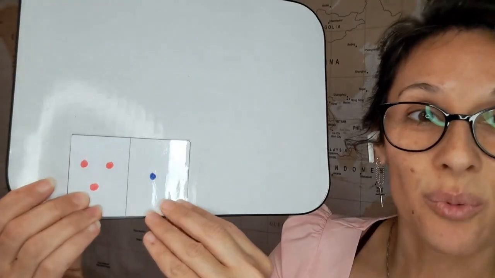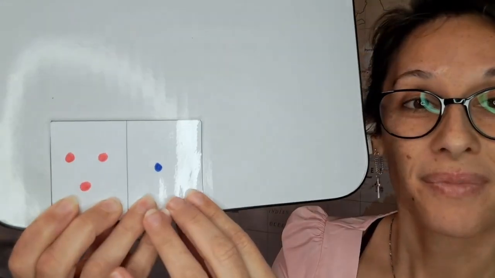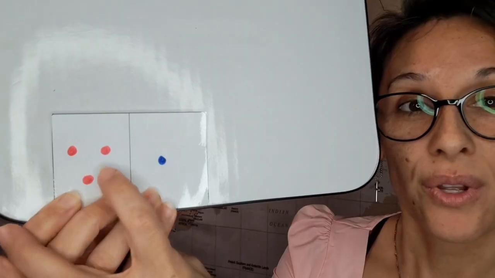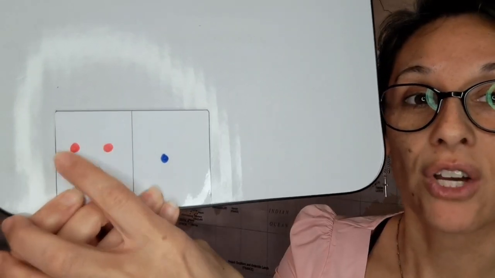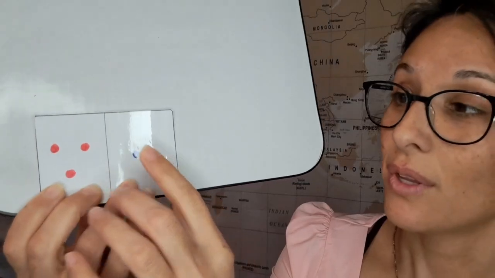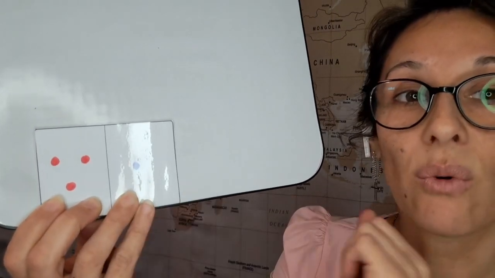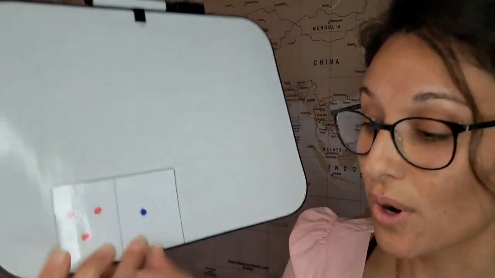Okay, now I'm going to introduce two more to you here. Ready? I'll hold them up against this board because the board's better. What is this one? How many are here? 1, 2, 3. 3 red dots, and how many blue? 1. Let's add them up. 1, 2, 3 plus 1 equals 4.